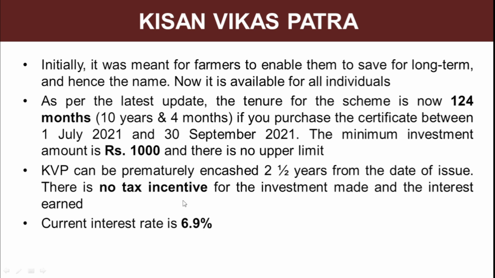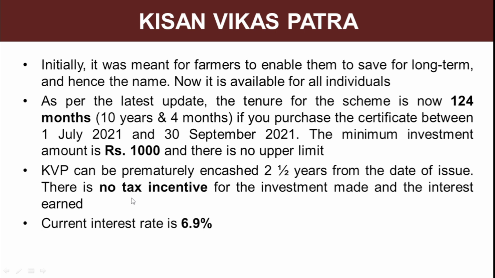Now, one thing more that you need to focus on is that there is no tax incentive for the investment made under Kisan Vikas Patra. Interest earned on that is also taxable. So among the saving schemes, you need to make a difference.